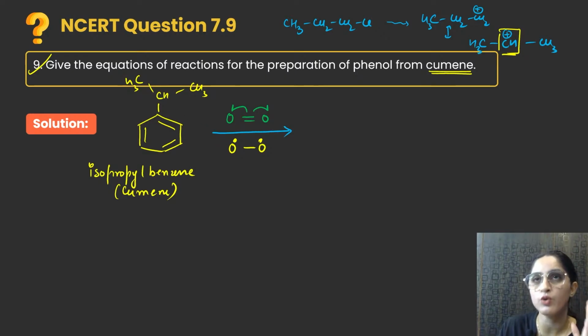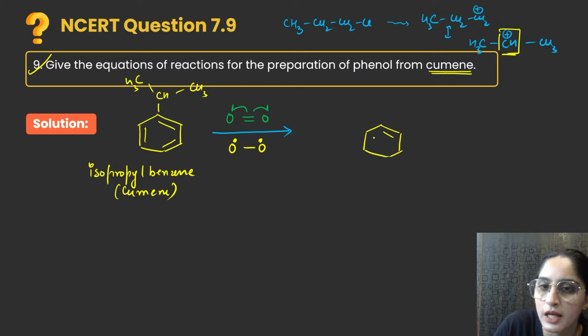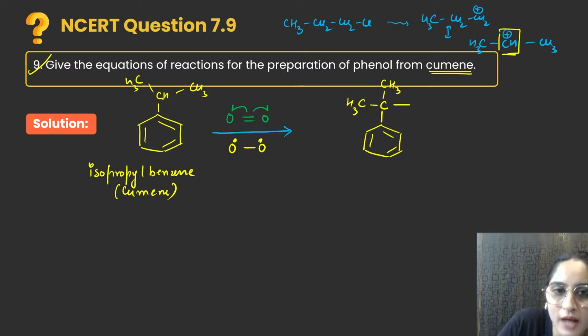Now homolytic cleavage is very cute, very innocent. It's like, I don't want to disturb any other person here, I just want to get in between them. So carbon will stay as it is, this CH3 will stay as it is, this one more CH3 will stay as it is, but this one hydrogen, wait, can you see my cursor here?